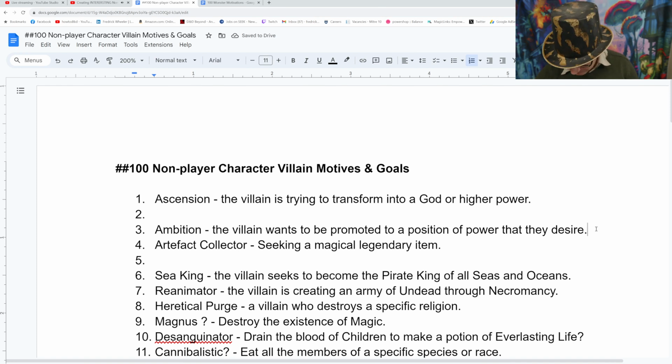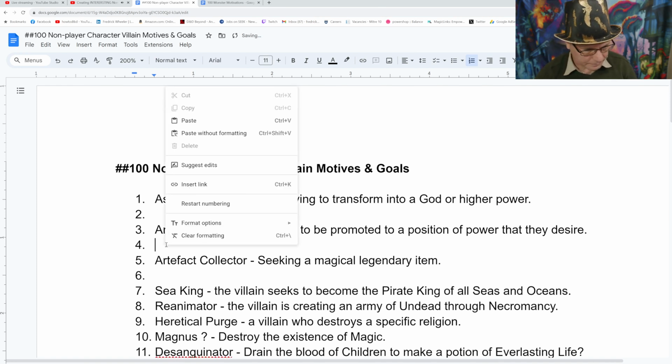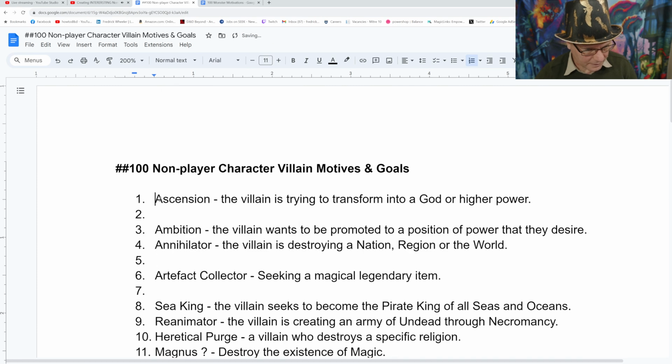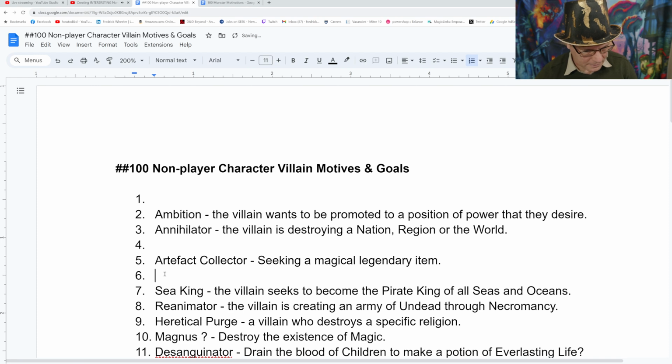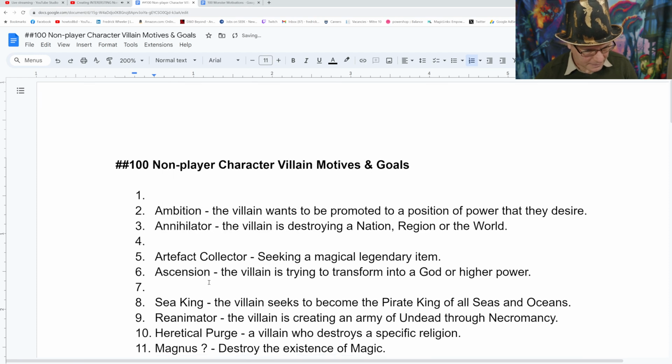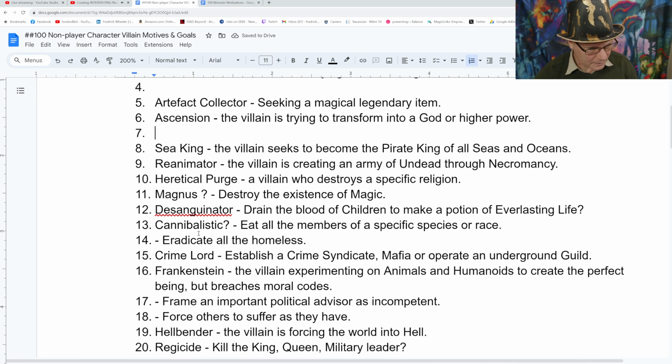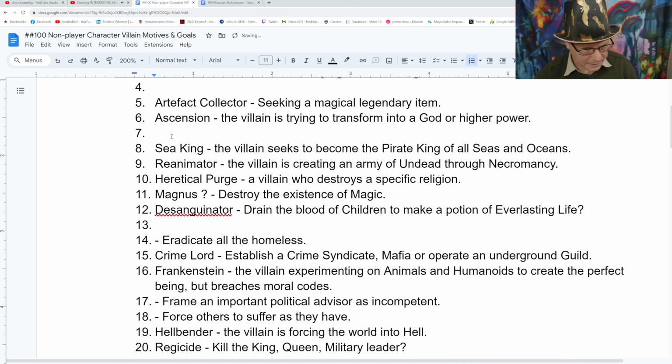M, N. It goes M, N, doesn't it? Paste. And then we go assertion. It's S. Cut. Paste. A. We've got a C here.